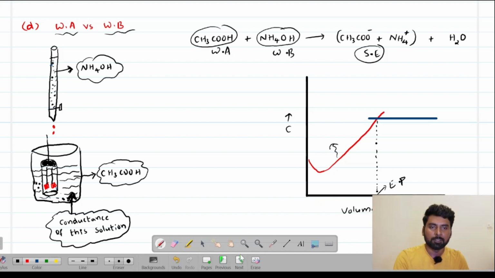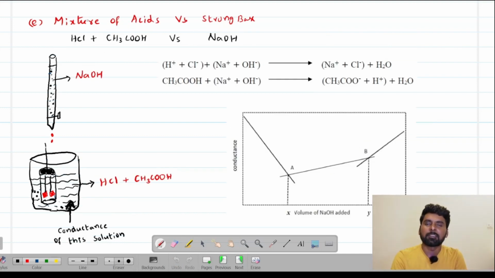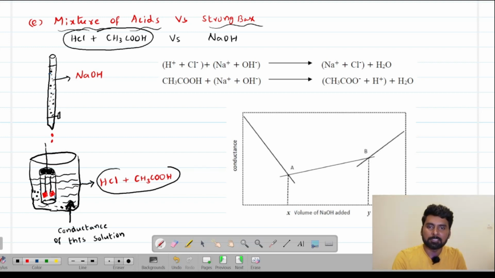Now we'll go for the next thing. This is a very interesting case, mixture of acids versus strong base. For the explanation, I am taking a mixture of acids, HCl and acetic acid, and I am assuming that both acids exist at the same time in the same beaker. Now I want to study the conductance of this solution while adding NaOH from the burette.